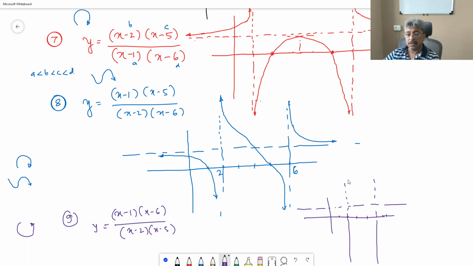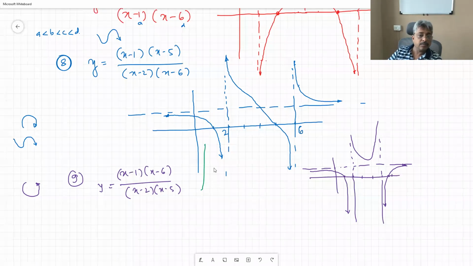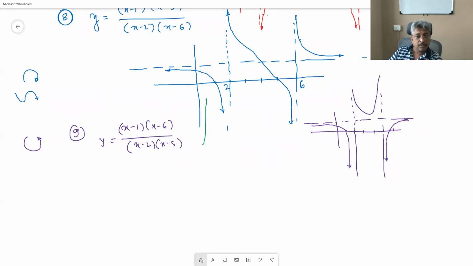The graph is going to be like this, and like this. I'm not getting into details. You can always do it. Next, 10. We have done it like this. Now we are supposed to do it like this.